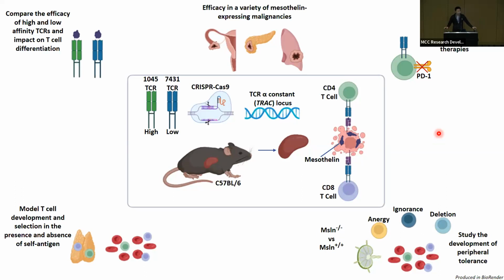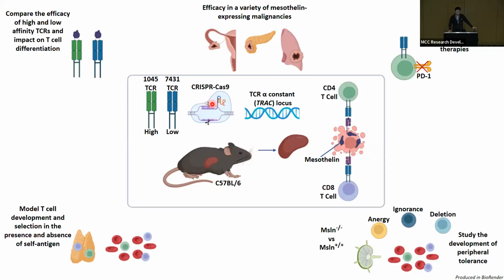So to try to produce a model that has more reproducibility, that has a little bit more consistency, that we can manipulate easily, a while ago, one of the graduate students in our lab produced a really unique mouse model in which we took a couple of TCRs that we had previously identified, so T-cell receptors that are specific to a tumor-associated protein called mesothelin.